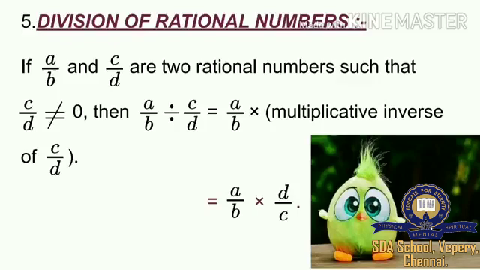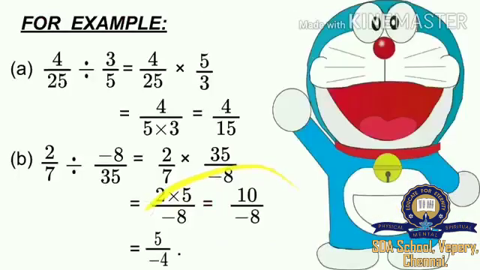Then A divided by B divided by C divided by D is equal to A divided by B into, in this form, we will change that into the multiplicative inverse. A divided by B into D divided by C. Multiplicative inverse of C divided by D is D divided by C, right? So in division of rational numbers, we will change like this.